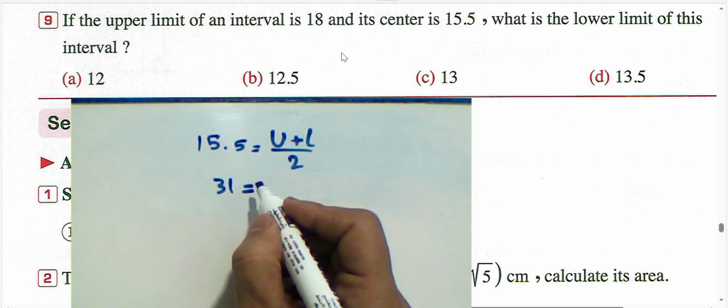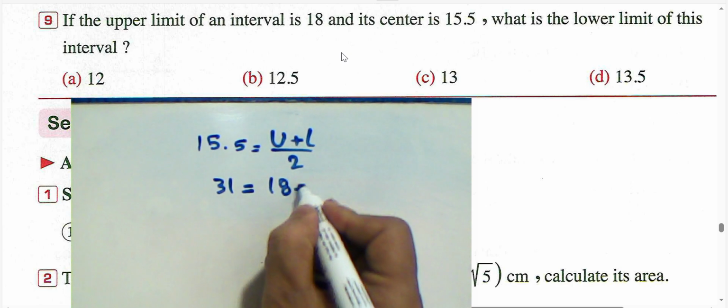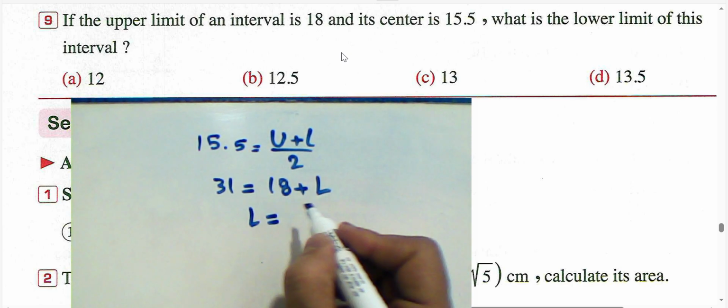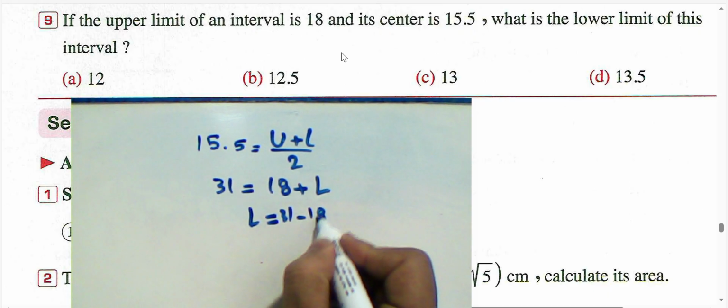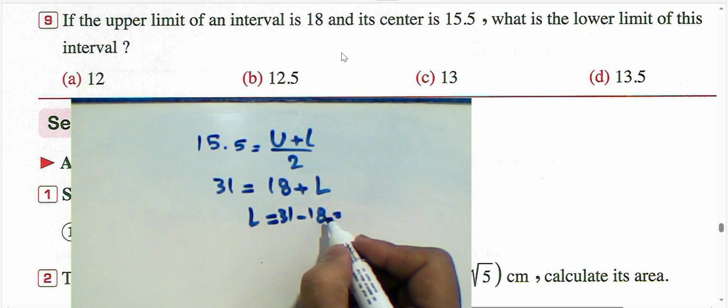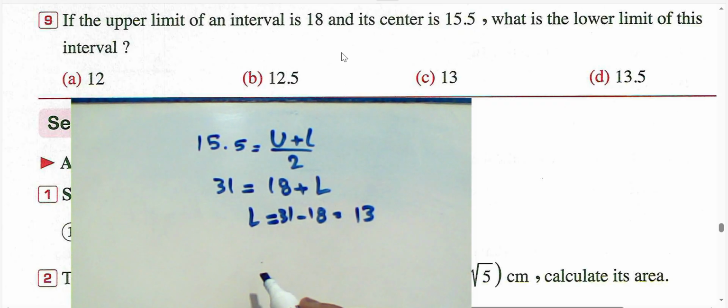He gave me the example, the upper limit is 18. Then 18 plus the lower limit equals 31. Then the lower limit is 31 subtract by 18, which equals 13.